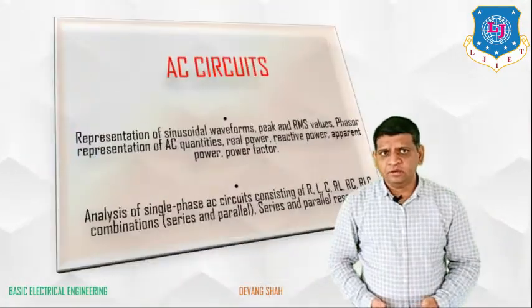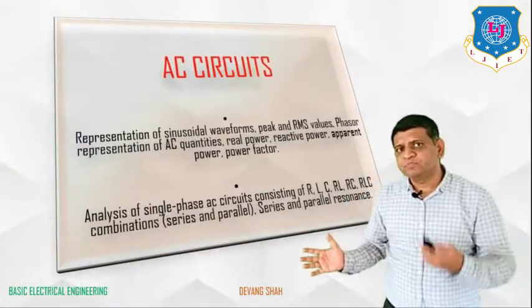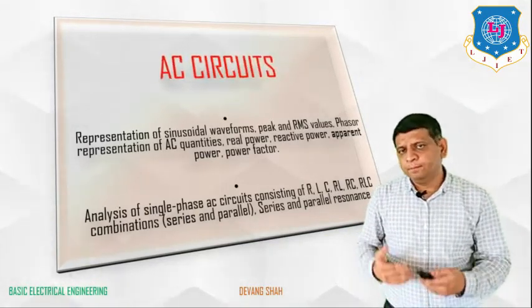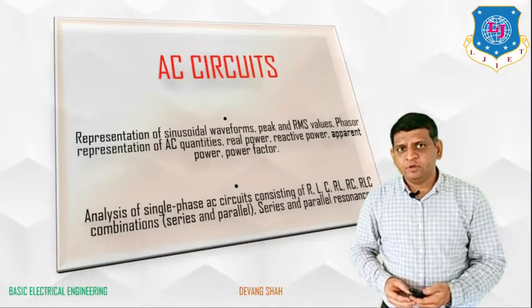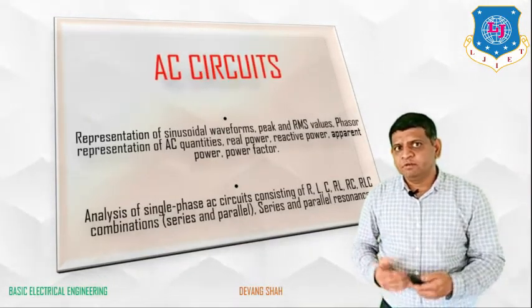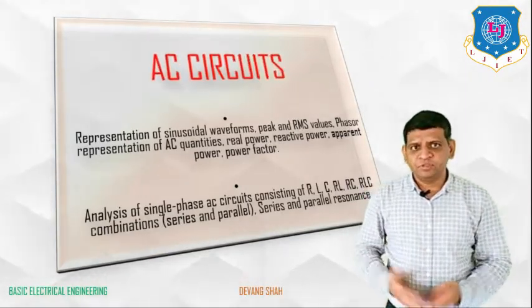In AC circuits, we have to learn the following points: representation of sinusoidal waveforms, peak and RMS values, phasor representation of AC quantities, real power, reactive power, apparent power and power factor. This is the first phase.